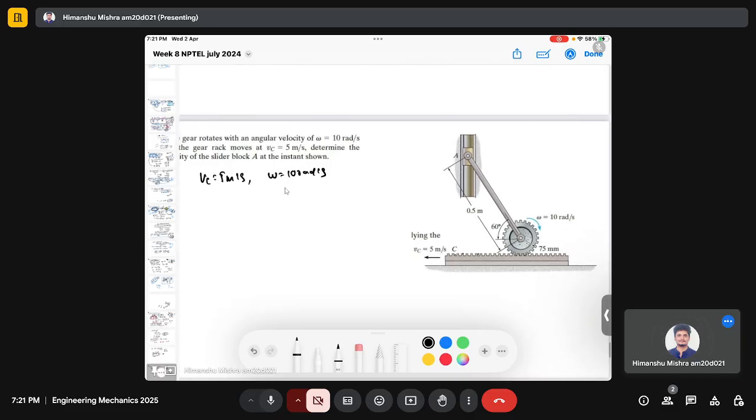Then we can have this point as B, and then we can have this point as A. So first, using the same expression, we can find the velocity at point B, and then again use the same expression between point B and A to find the velocity at point A. So we use the same formula first between 2 points C and B, then between points B and A.